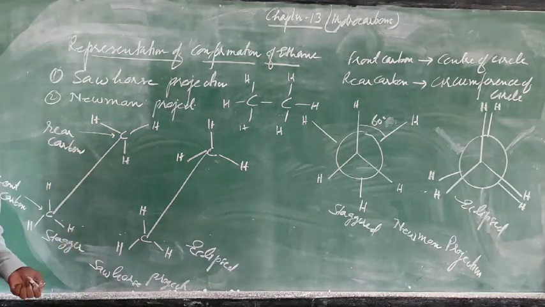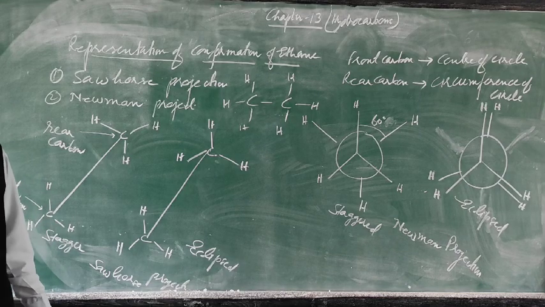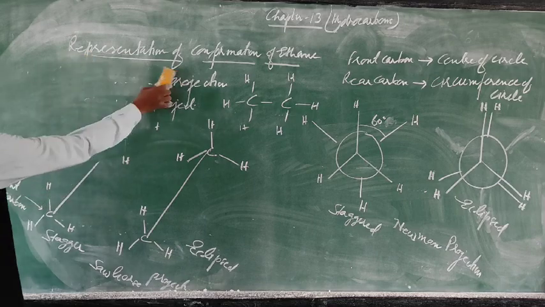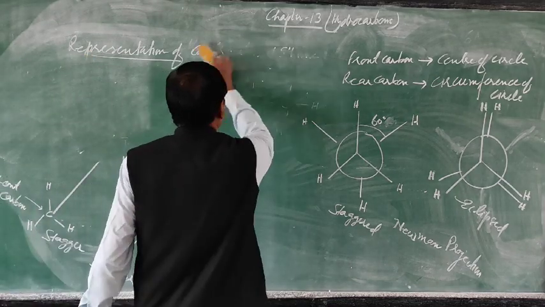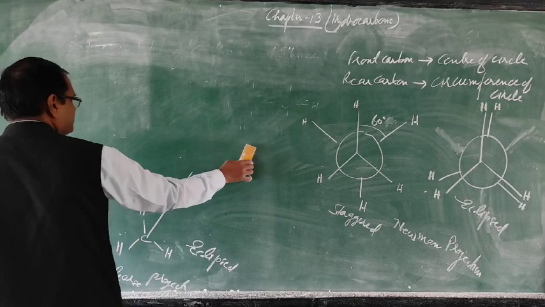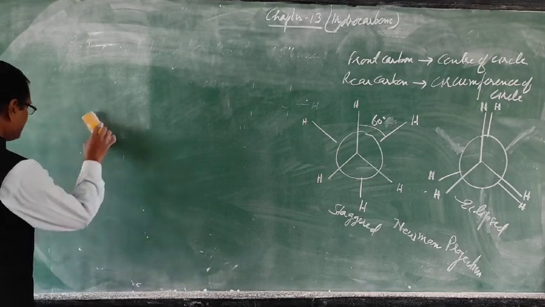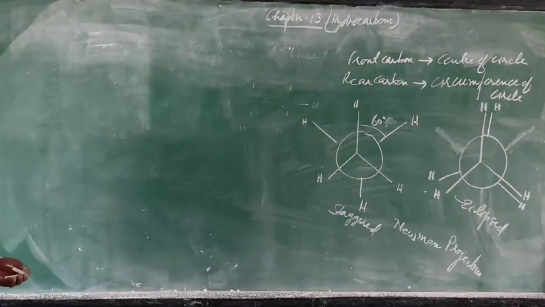Now the relative stability of the conformations of ethane. Which one is more stable?